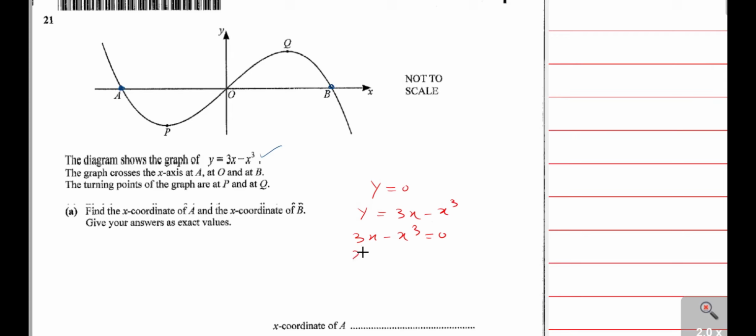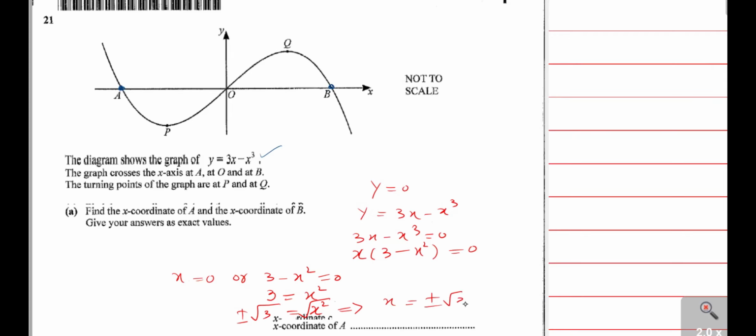We take x common, and this equation becomes x into 3 minus x square equals 0. We can write x equals 0 or 3 minus x square equals 0. Here, 3 minus x square equals 0, we can write 3 equals x square, and we get plus minus square root 3. Therefore, x equals plus minus square root 3.